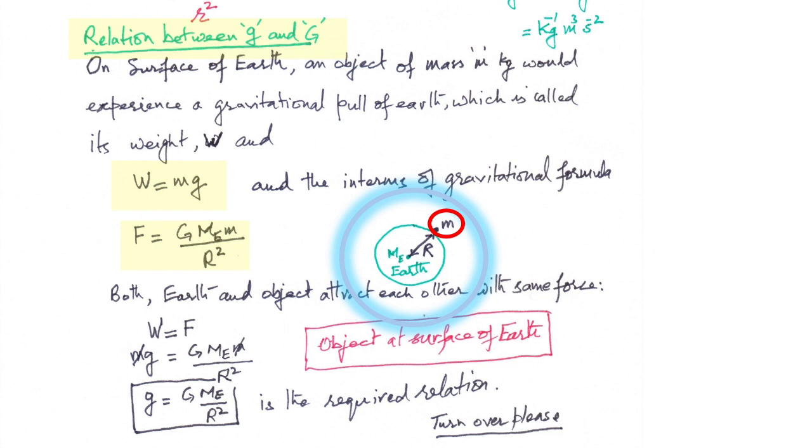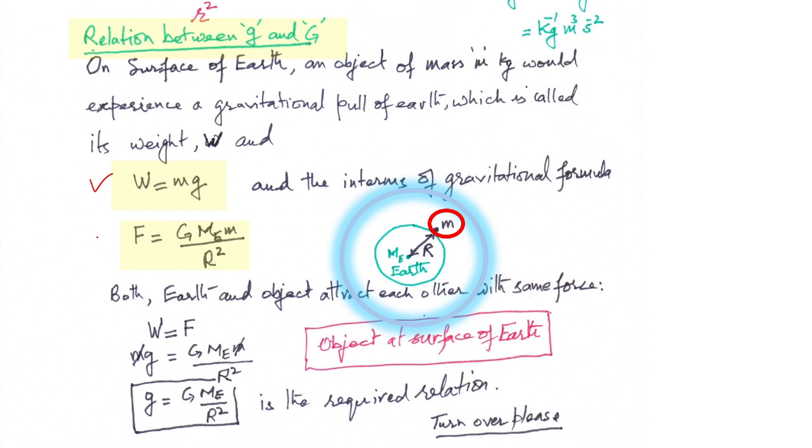The mass of the Earth is concentrated at its center, so we can take the Earth as a point mass as well. Now we know that W is equal to mg, and we know W is the force with which the Earth attracts everything that is in its gravitational field and on the surface.